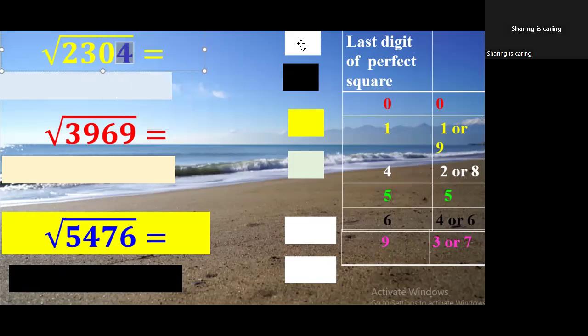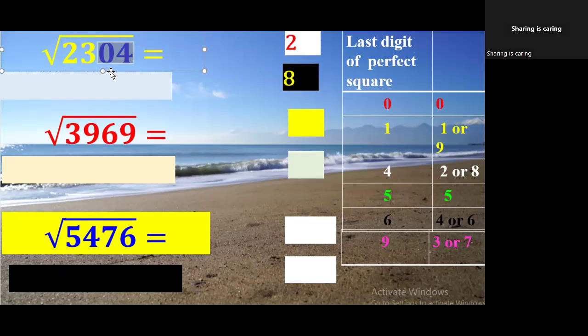The last digit is 4, so the last digit of the square root will be either 2 or 8, because 2 times 2 is 4 and 8 times 8 is 64. So it should be either 2 or 8.